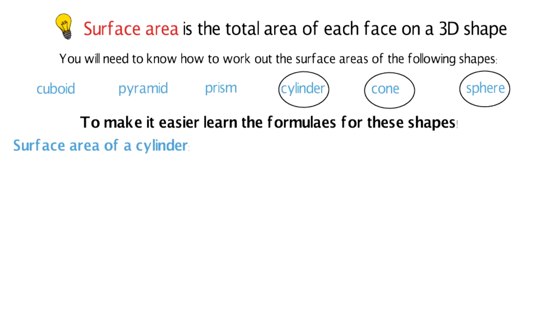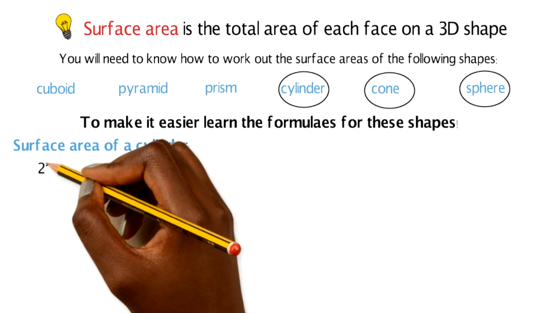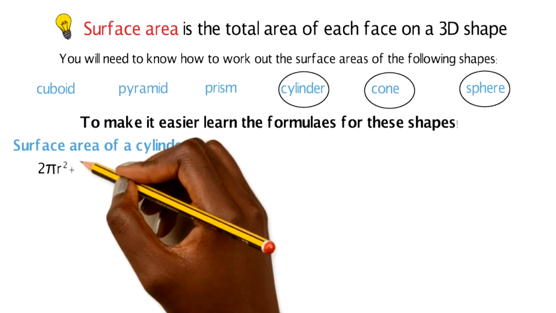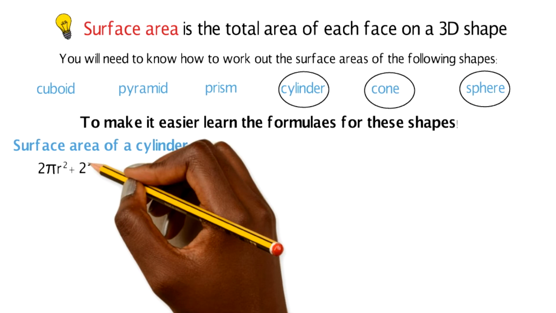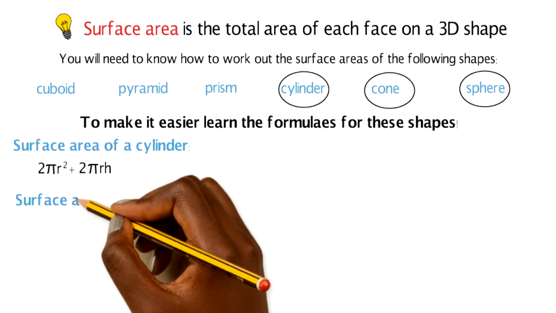So firstly, we're going to go through the surface area of a cylinder. So that is 2 pi r squared, because if you think about it, a cylinder has 2 circles on the top and the bottom, and add that to 2 pi r h.